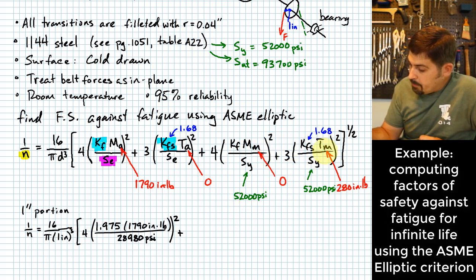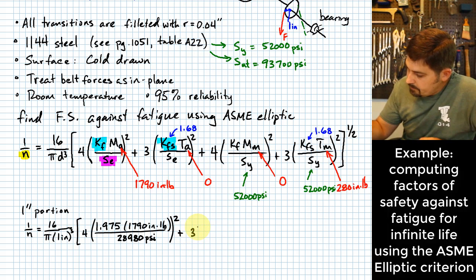And so what we'll end up with, our next term is going to be 3 times 1.68, okay, times the T sub m there is going to be 280 inch-pounds.